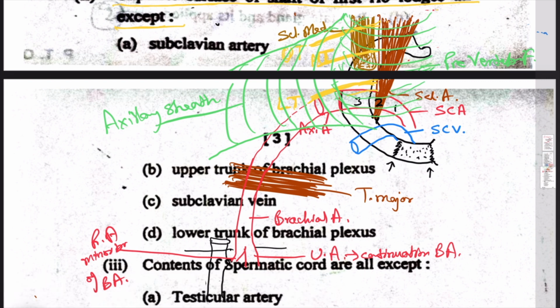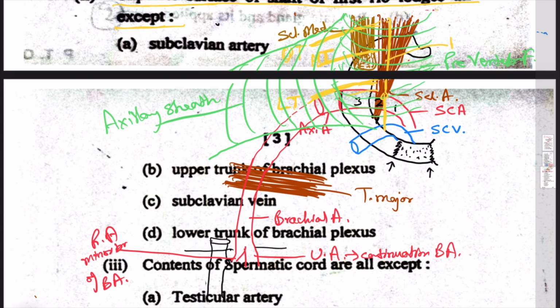Remember, this nerve descends onto the anterior surface of scalenus anterior, which is covered by this fascia from above. So it will pierce this fascia and descend down into the thorax. Which nerve is this?